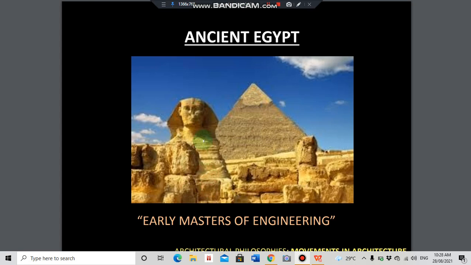So kung titignan mo, paano ba naitayo yan na very massive and napakalaki ng structures? Wala naman silang ginamit na mga heavy equipments to lift that particular materials na ang lalaking tipak ng bato, no? But nagawa nila yan, no?